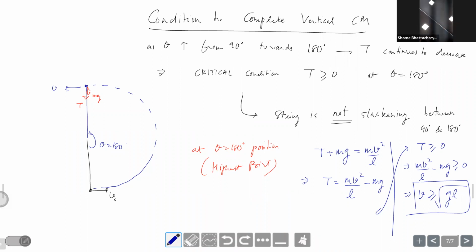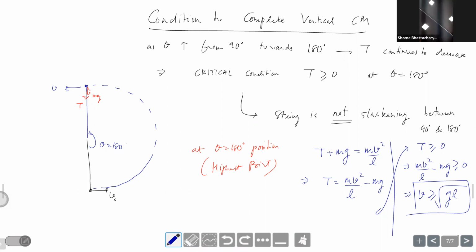Understood? Why do you want to make the tension equal to mg at that point? It won't be equal. It can be just about 0 also.